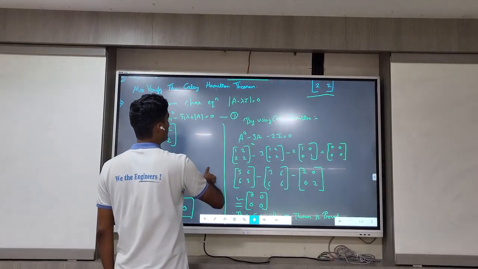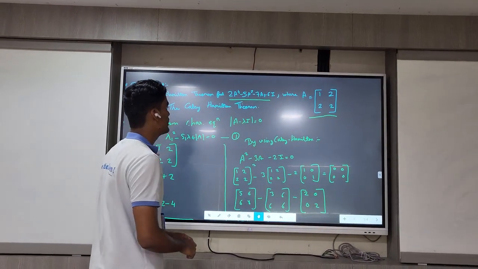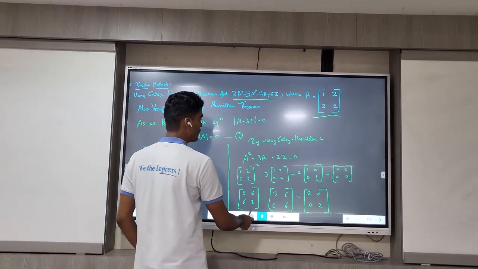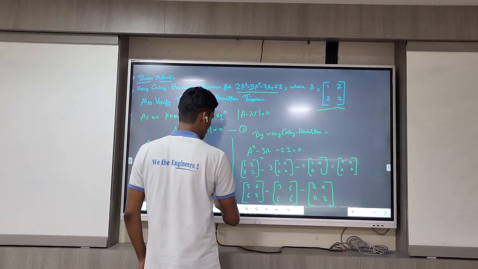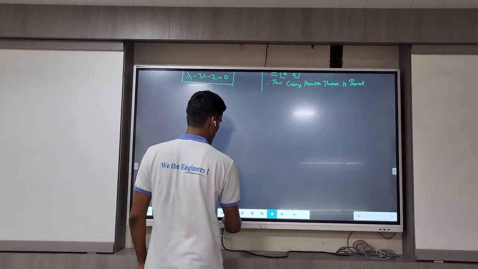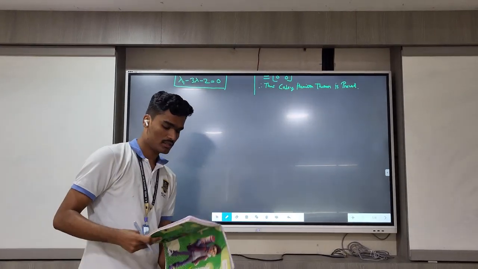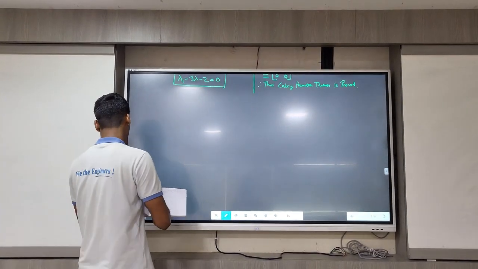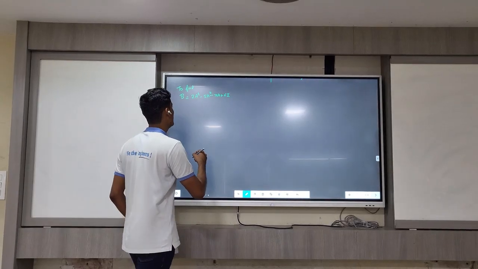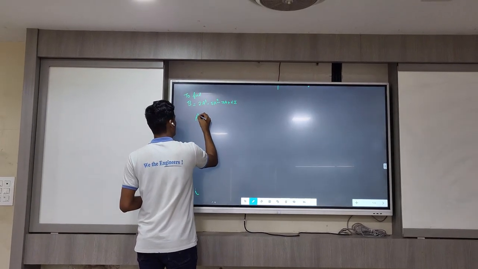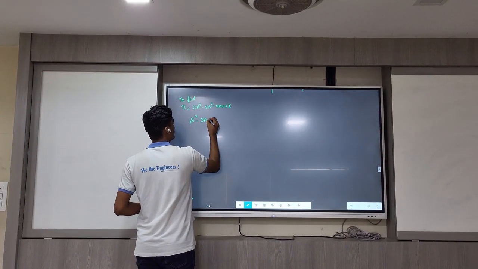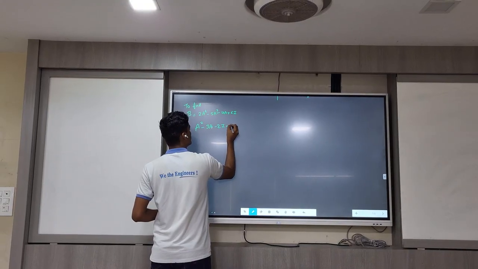So to find this matrix, to find this equation, now we will use the division method. For this, this first equation, we will use the characteristic equation, which is nothing but A squared minus 3A minus 2I equals 0.